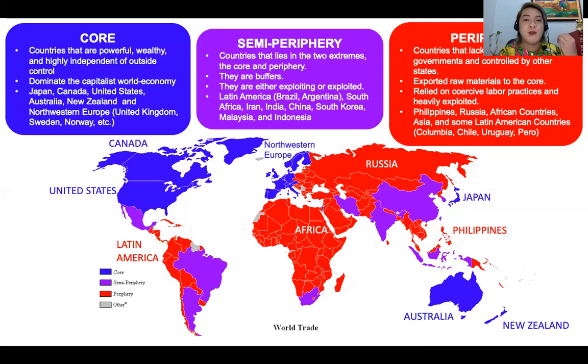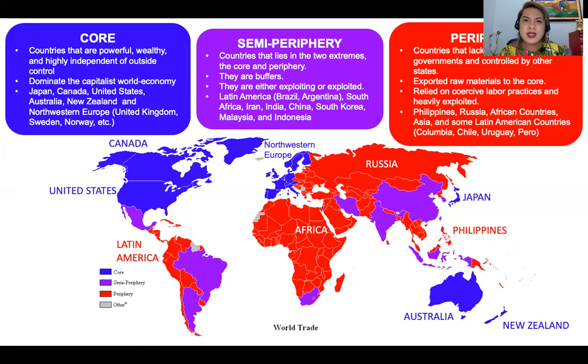Meaning the most powerful and the underdeveloped countries, which is the periphery. They are the buffers, meaning whatever happens in the core and the periphery would have a bigger impact on the one in between, which is the semi-periphery.